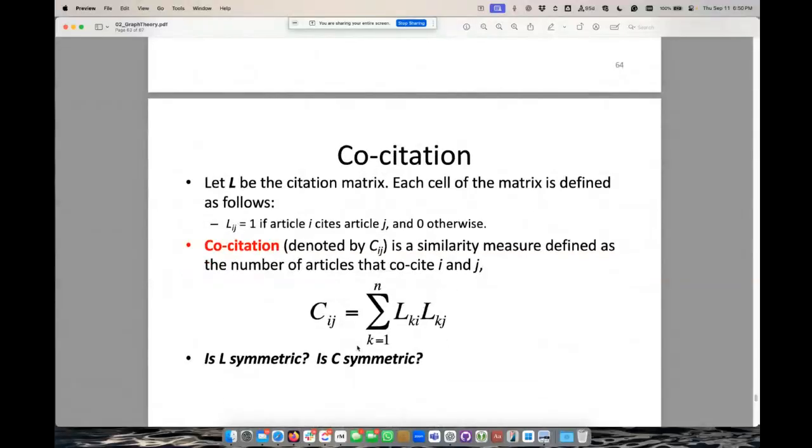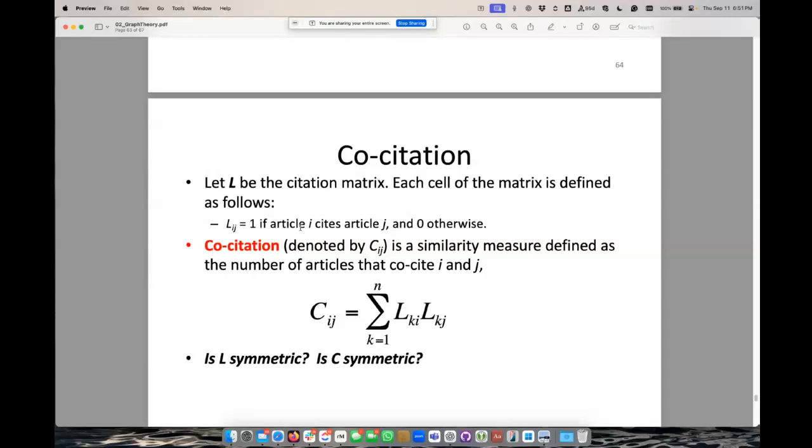In fact, this can be mathematically defined using the formulas or the mathematical representations that we have looked at before. So if you consider the citation matrix, which is nothing but your adjacency matrix, L, right? Each cell of the matrix is defined as follows: where article I cites article J, L_ij is 1, otherwise 0, right? Very similar to your adjacency matrix.